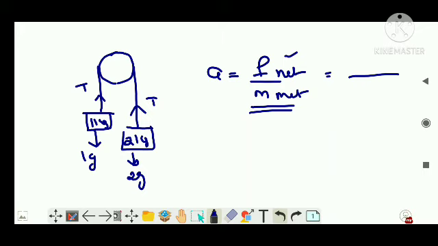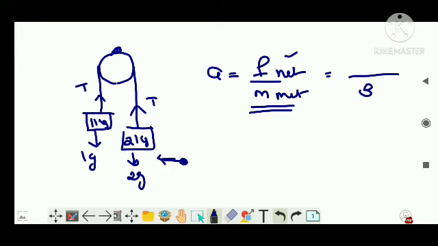How much mass is there? 2 plus 1, so 3. That much is easy. For the net weight, if this is considered as a point, that is this point.